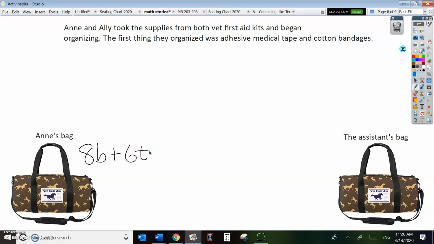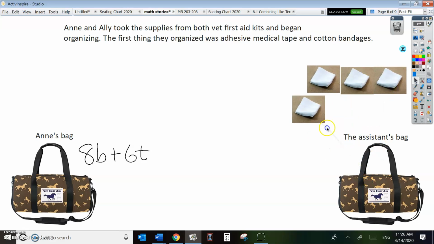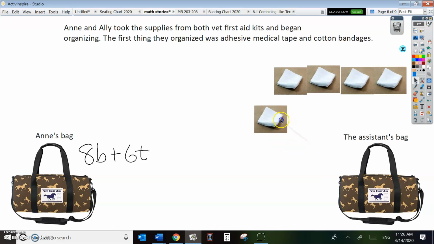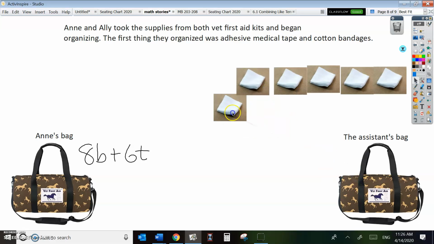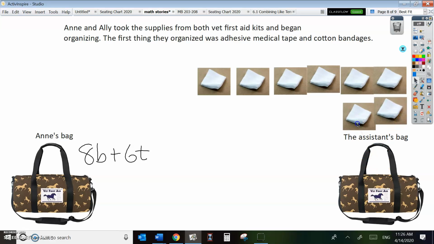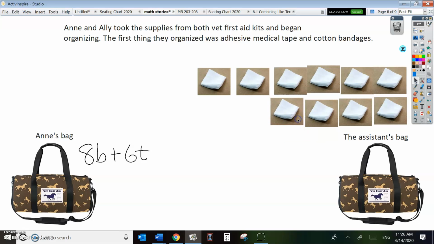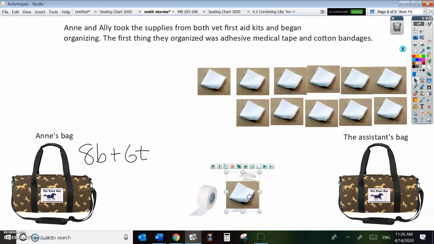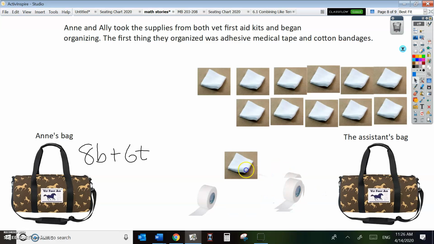Okay, let's check the assistant's bag. Oh, got a bunch of stuff right there.